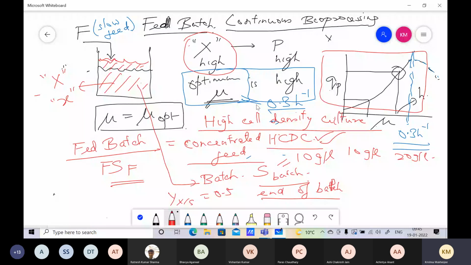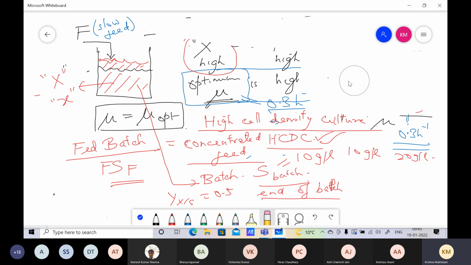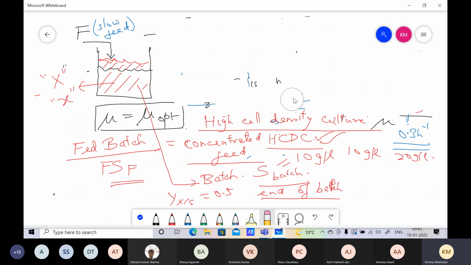So the basic equation that you write for batch cultures with biomass balance is a simple equation. I hope you remember this. X is equal to Y into S naught, the initial concentration, minus whatever S residual concentration, plus X naught, the initial inoculum.